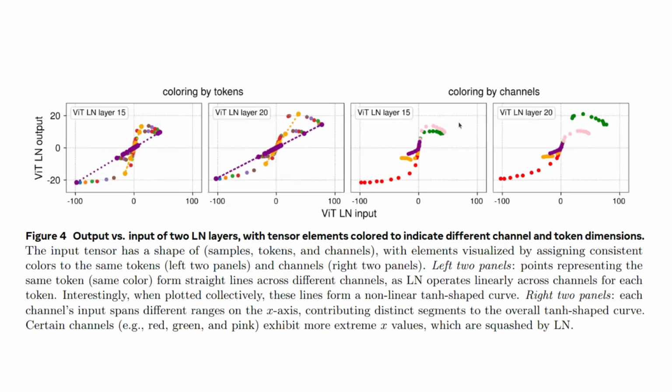And then they do another experiment where they put values of the same channel. So for a different token, but basically different channels, like dimensions. You have a 100-dimensional embedding, and for each dimension, you pick a different color, and you can see here that now this is no longer linear.